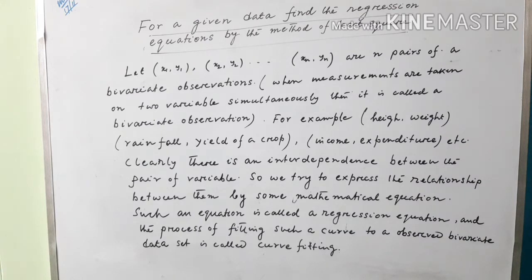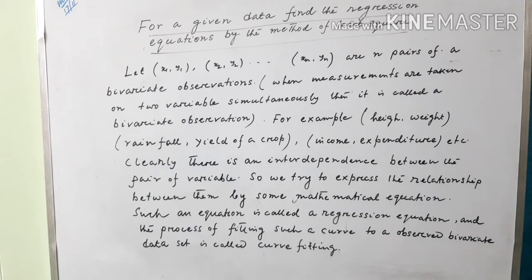When both variables are increasing together or both variables are decreasing together, we say that the correlation between them is positive. And when one variable is increasing and the other one is decreasing, then we say that the correlation between them is negative.